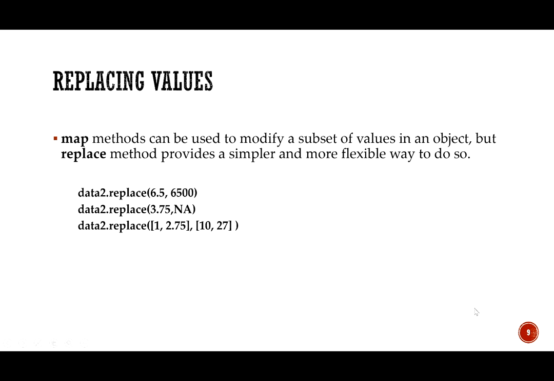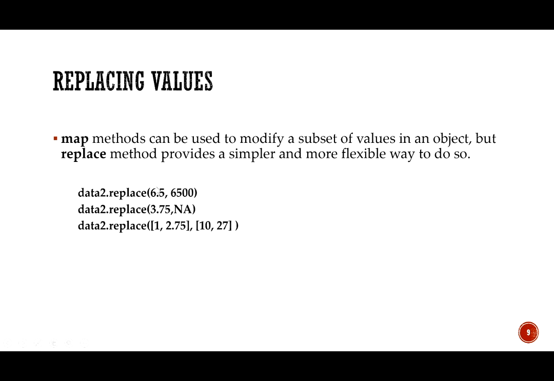Now, there is another method called replace that we can use to replace values in a data frame. Map methods can be used to modify a subset of values, for example, the first column or the third column. But the replace method provides a simpler and more flexible way to do so. So we call data.replace. And then we want to replace, in this example, 6.5 with 6500.